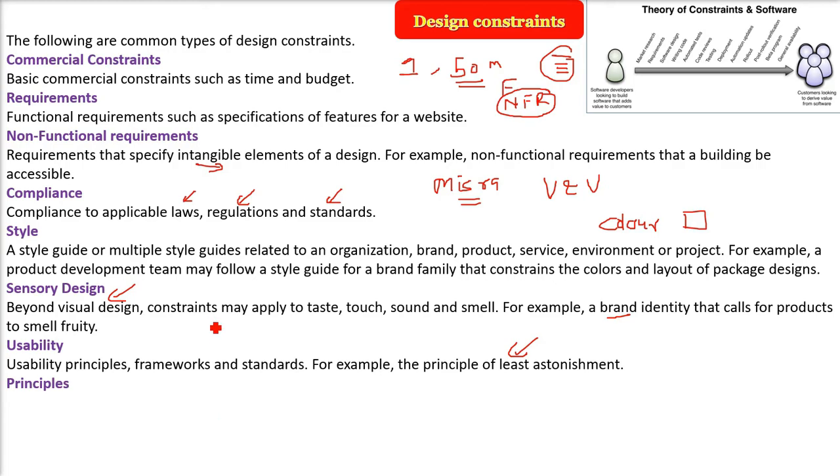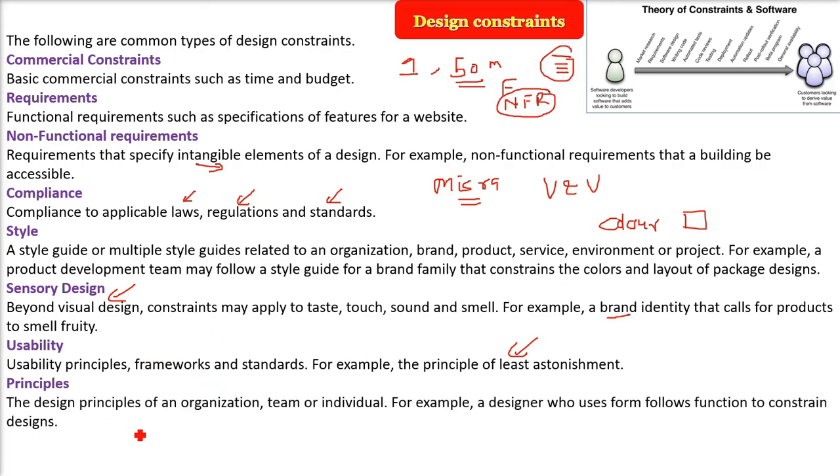Then the principles. Sometimes you have principles, but sometimes the organization may have certain principles. The individual may have certain principles. You cannot change that principle. If the organization says we don't do these things, then those things cannot be done. You have to make it conforming to their principles. This is also a design constraint.